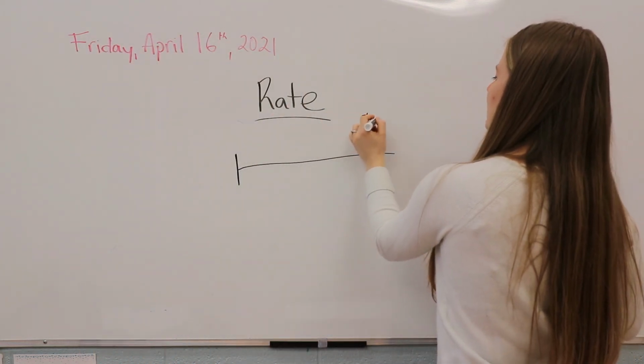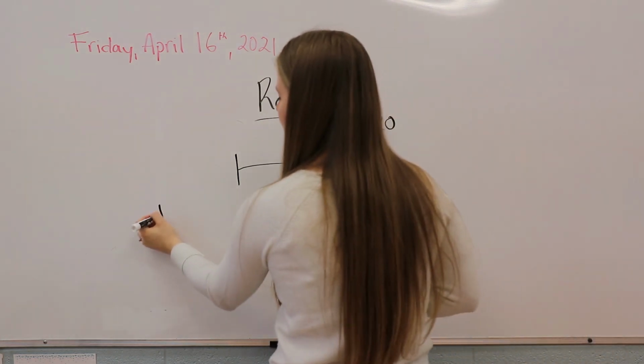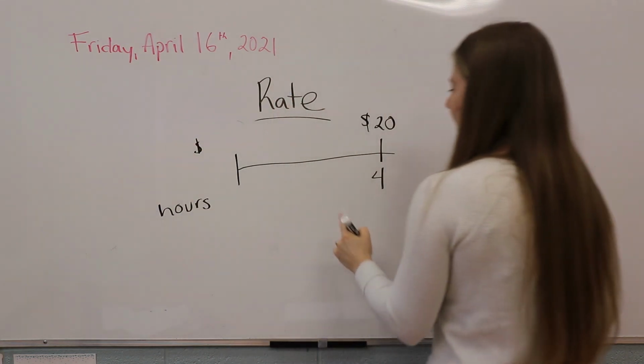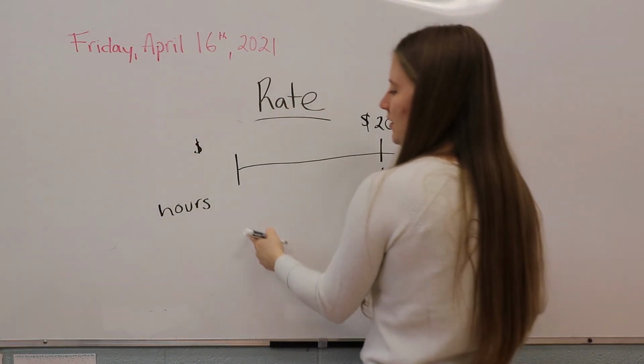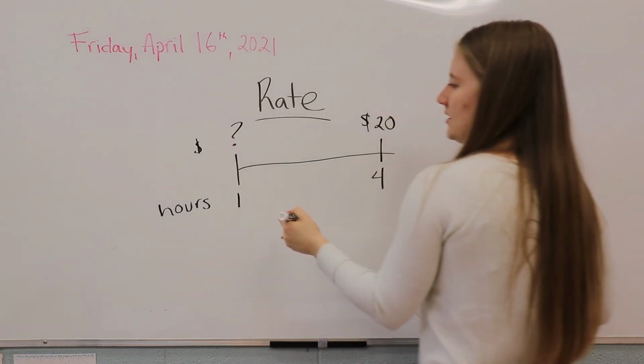And we'll put the $20 here, and that was after 4 hours. So our bottom is hours, top is money, okay? And this time we go to the other end of our line diagram because we want to get to 1 and find out what the rate is, okay?